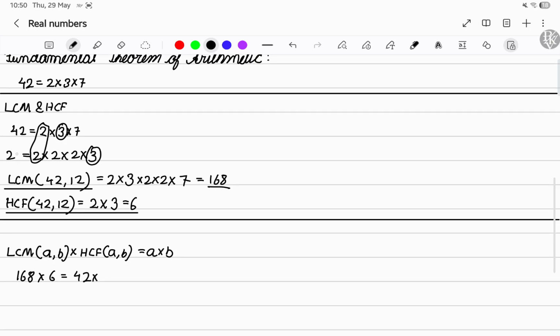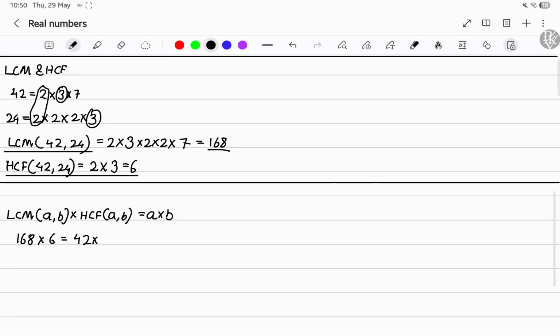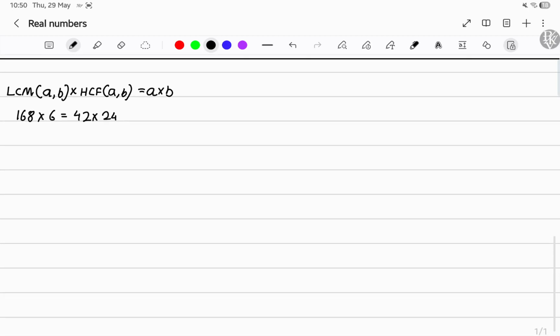This is not 12, this is 24 actually. We did 24, I accidentally wrote 12. Now it's LCM of 42 and 24, that will be 168. HCF of 42 and 24 will be equal to 6.